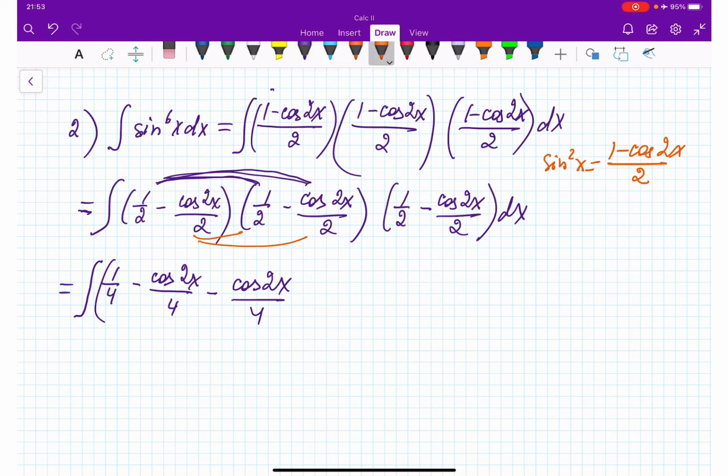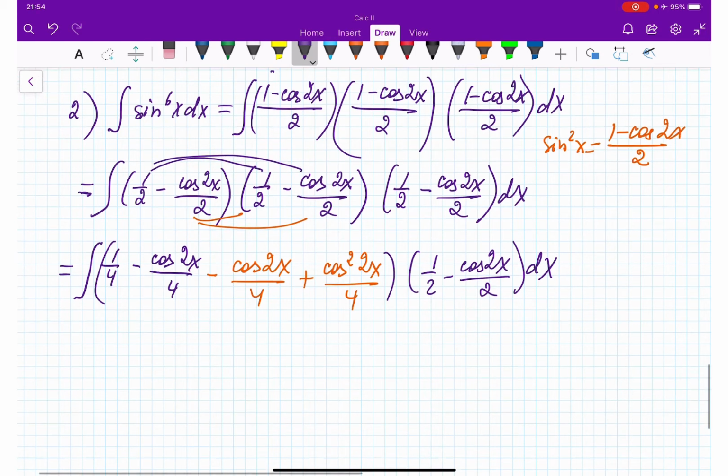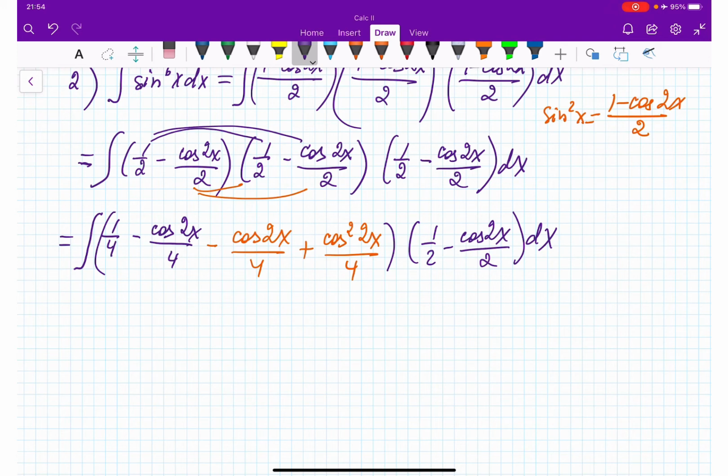And now I'm moving to this one. Changing color so you will know, minus cosine 2x over 4 plus cosine squared 2x over 4. Okay, and times 1/2 minus cosine 2x over 2 dx. Let me clean this, this and this.